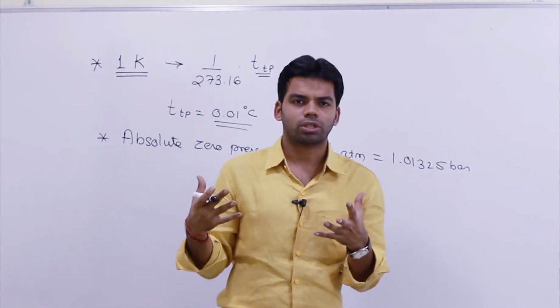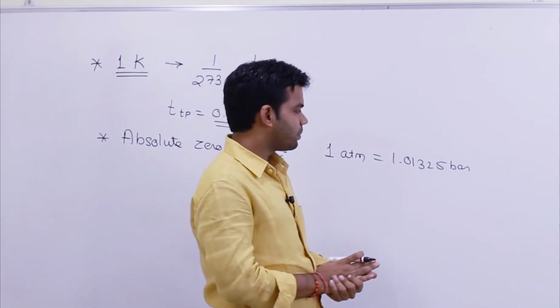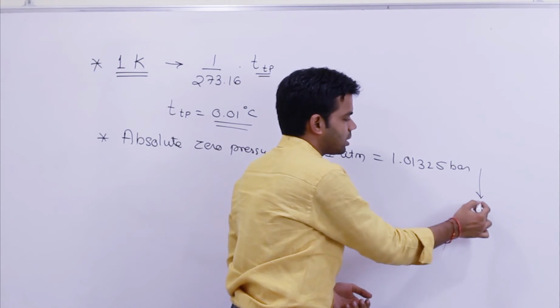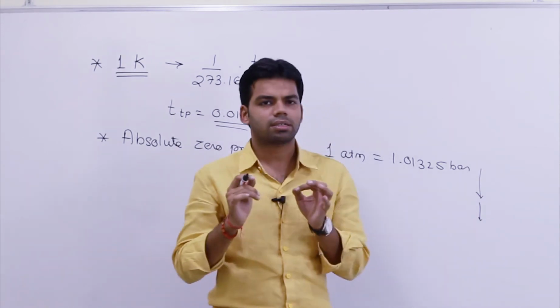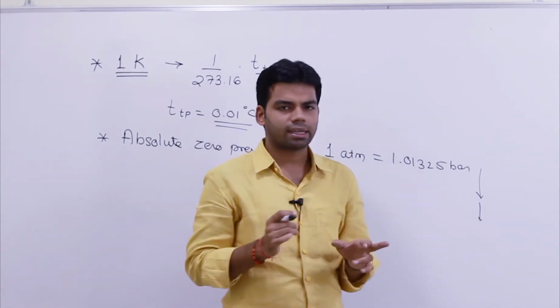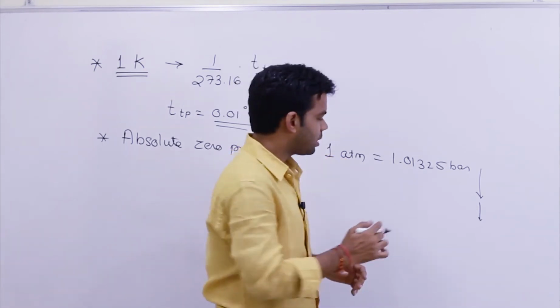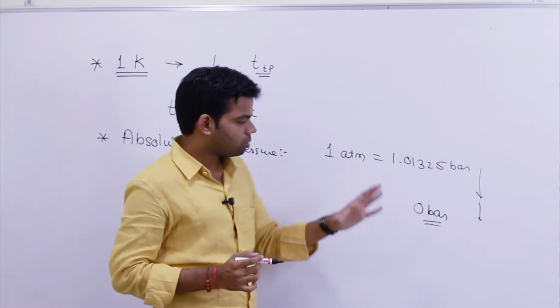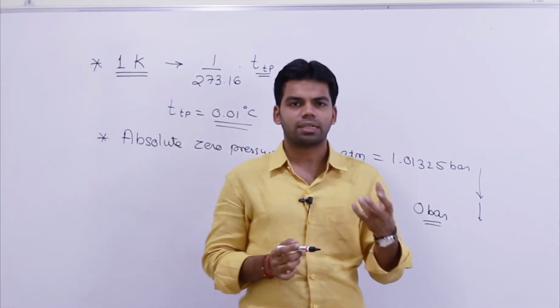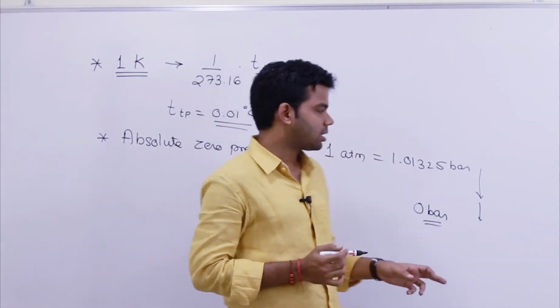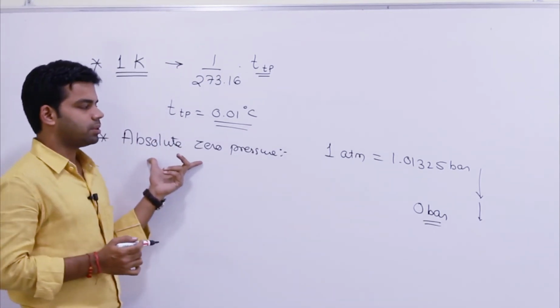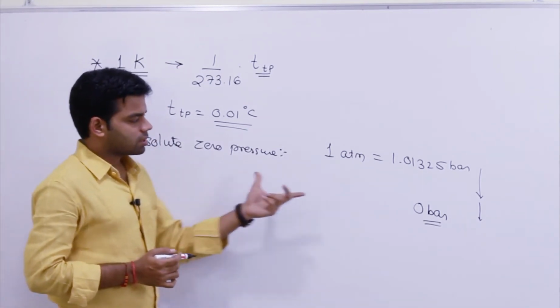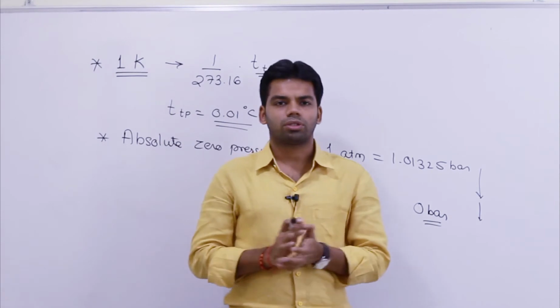If atmospheric pressure is 1.01325 bar and I decrease this pressure, there will be a certain point on this scale where the pressure is 0 bar. Getting this or not? The point where the pressure is 0 bar is nothing but absolute zero pressure.